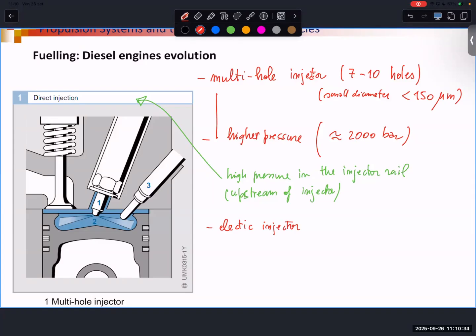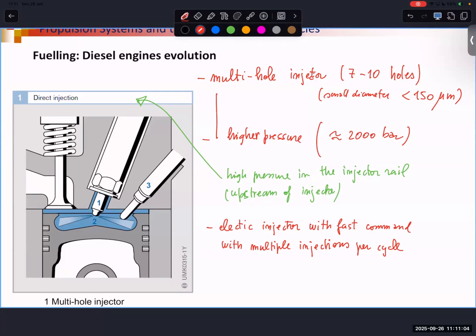And so what we can generally have is a fast command, solenoidal or piezoelectric, which we will describe, and the advantage of multiple injections per cycle.